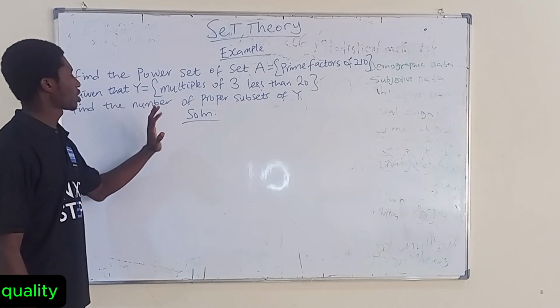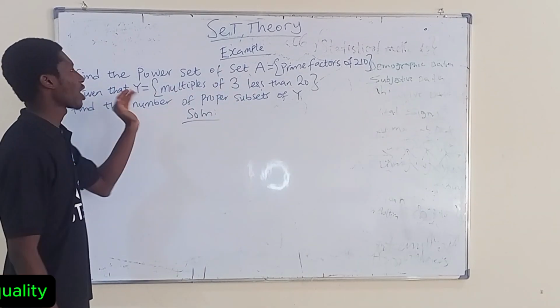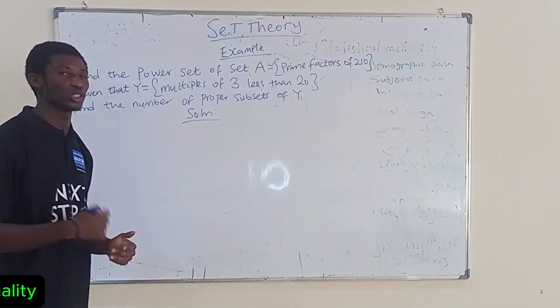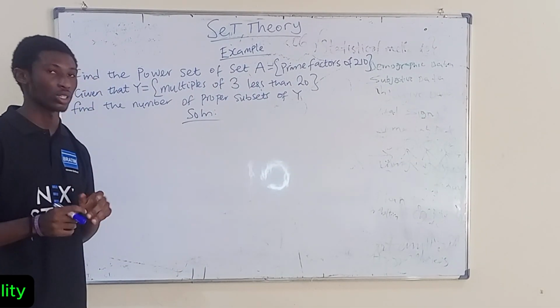The second one says that given that Y is the multiples of 3 less than 20, and 20 is not inclusive by the way.